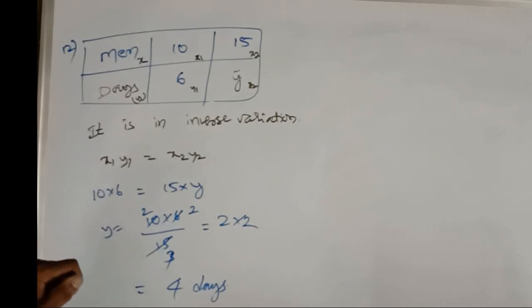The next is the 13th one. If x varies directly as the cube of y, and x is 32 when y is 4, then what is the value of y when x is 108? Okay children, see the 13th question: x varies directly to the cube of y.